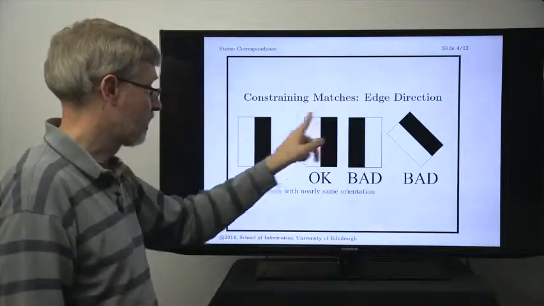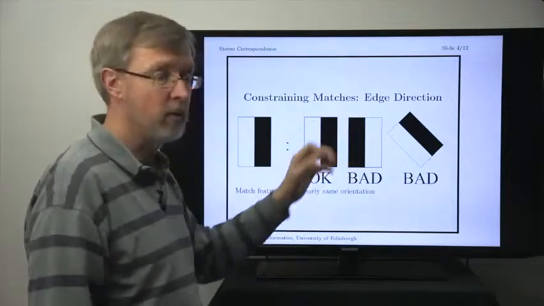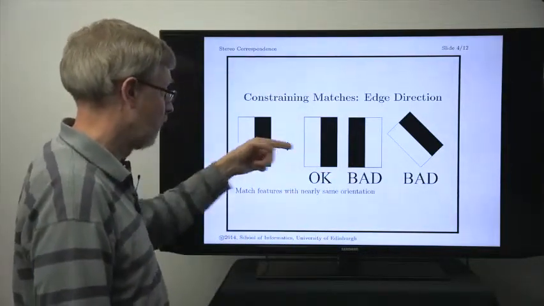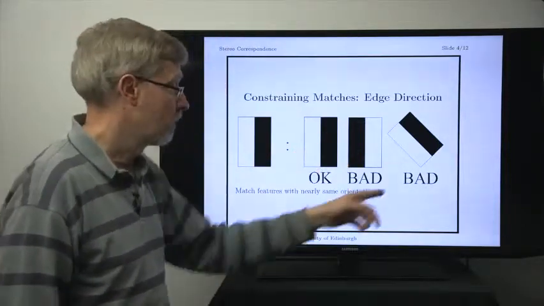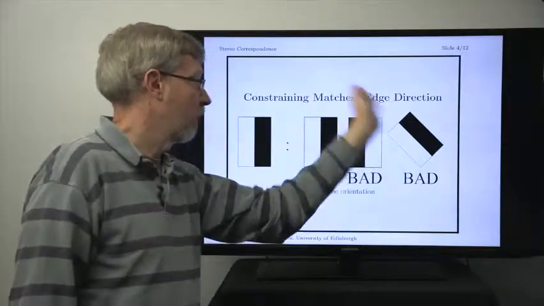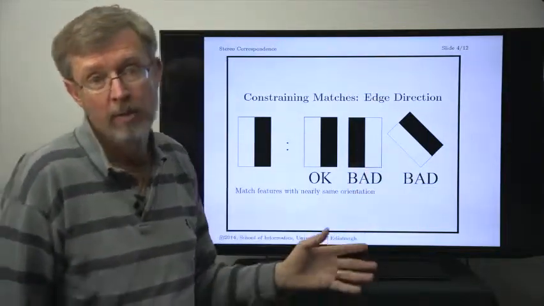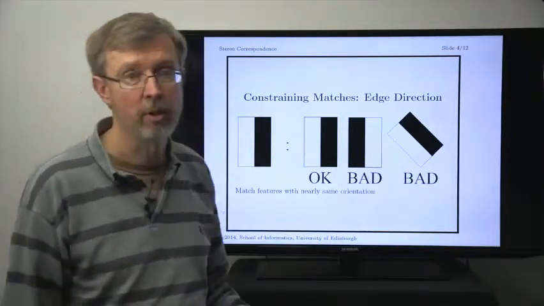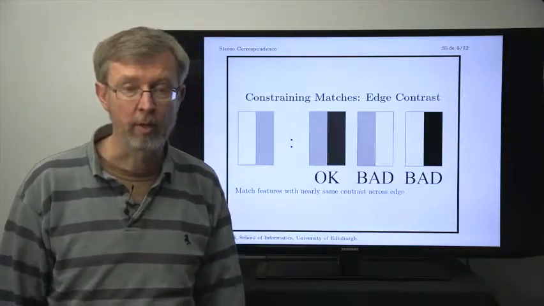This is an allowable match. This is not an allowable match because the edge direction goes the opposite. If you're going, say, light to dark, well, this is light to dark, but that's dark to light. That's no good. Similarly, the angle on this particular orientation, where you go from light to dark, is the wrong angle. And again, we can say that's a bad match and eliminate matches that have that property. So that's one, edge direction.